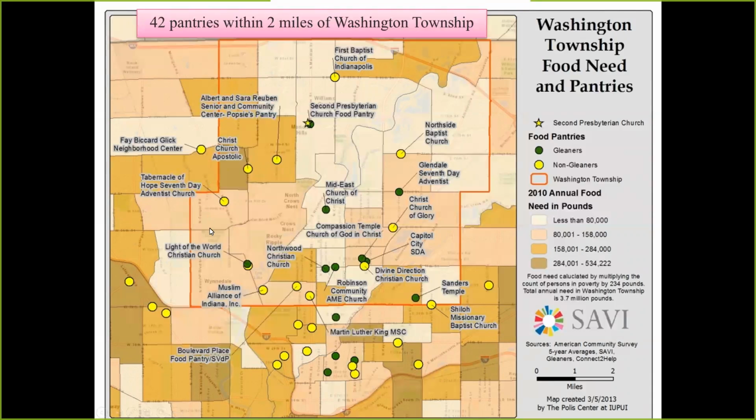Then we also have points on the map that represent different food pantries. Some of these food pantries are supplied by Gleaners Food Bank, and several pantries were supplied by sources other than Gleaners. And so we're able to identify on the map which pantries are supplied by which food banks.